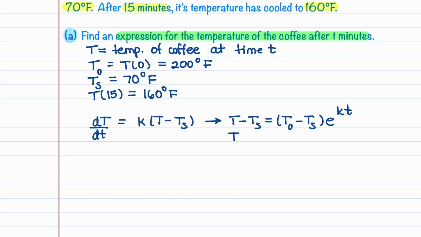So that tells us that T is equal to T sub S plus T sub 0 minus T sub S times e to the kt.